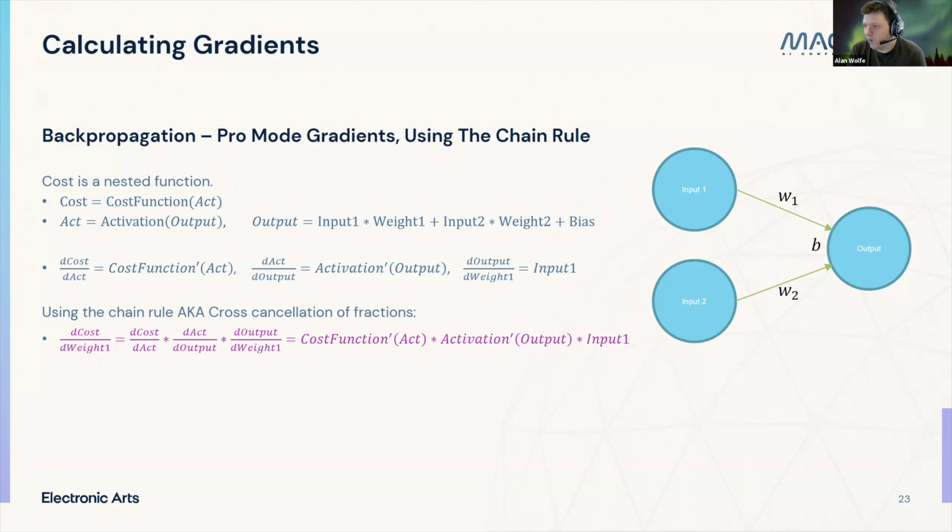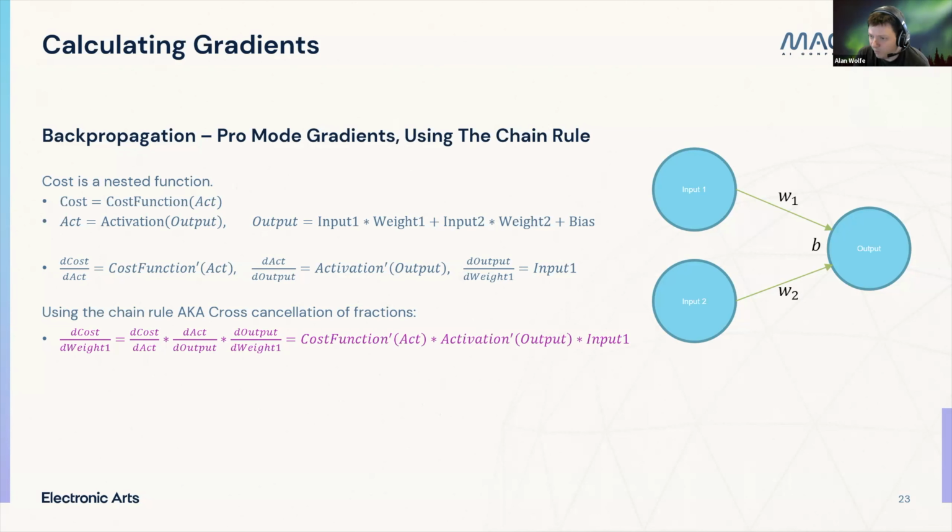For weight 1, we get the derivative of how the raw output of the neuron changes as weight 1 changes. Once we have those derivatives, we can just multiply them together left to right.